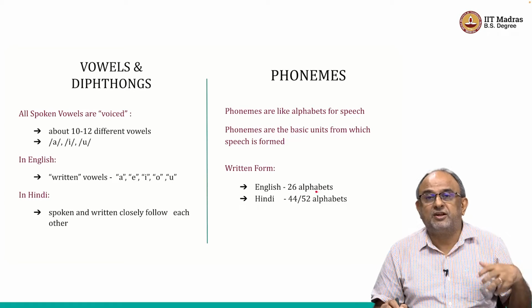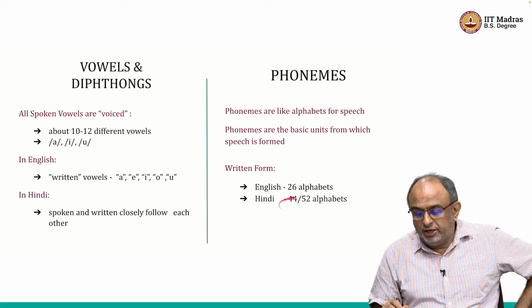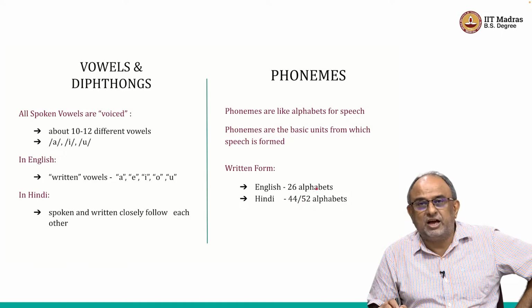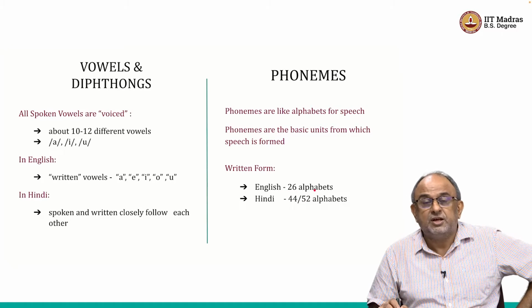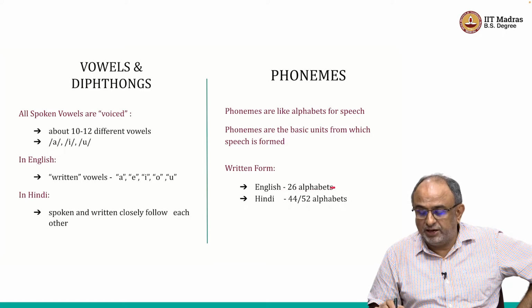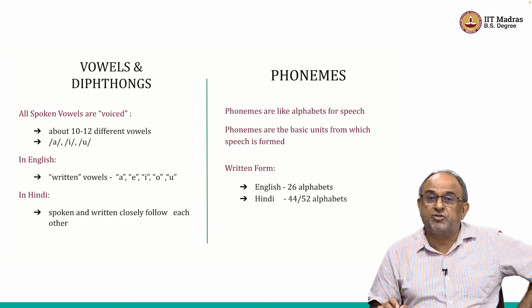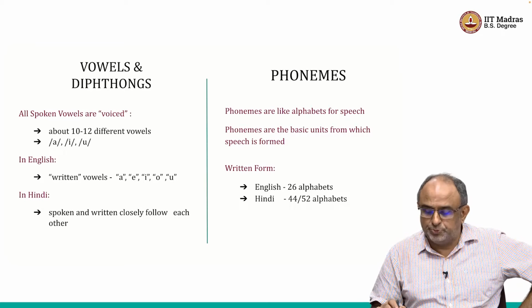As I said, there is quite a close correspondence between the written and spoken. In English, for example, the alphabets are only about 26. These are the building blocks for written language. For spoken English, we have about 44 to 48, depending on the phoneticians, different sounds from which English words are produced.